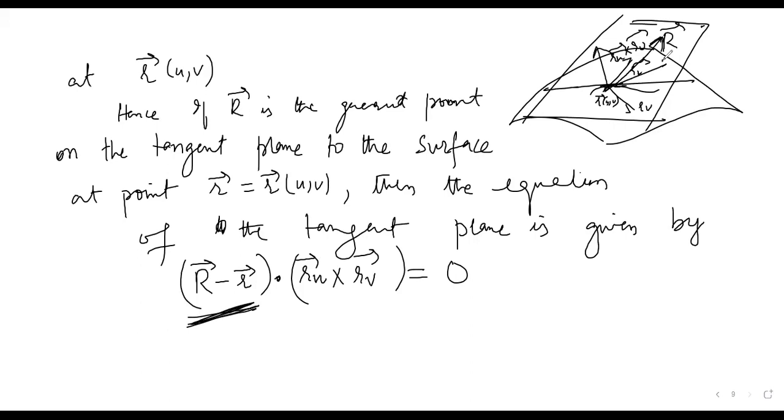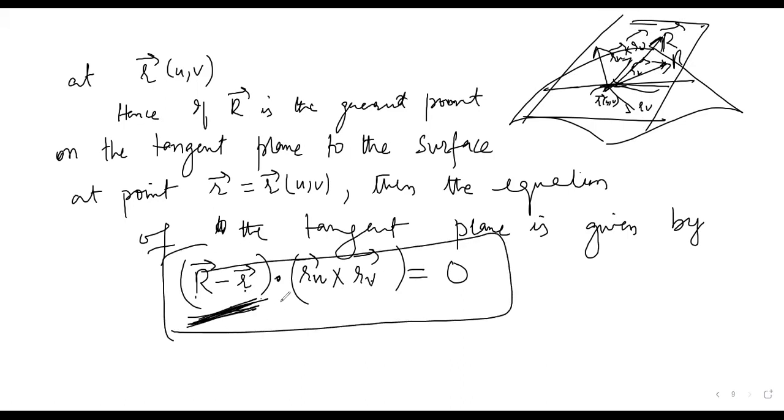If it lies inside the tangent plane, by the very definition that it is generated by ru and rv, ru cross rv should be perpendicular to the whole plane, in particular to this vector. So the dot product should be 0, and hence this becomes the equation of the tangent plane at this point small r.